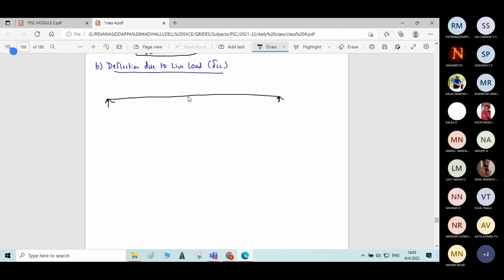Here 10 kilonewton, 10 kilonewton and one more 10 kilonewton. So the interval is 2 meter, 2 meter, 2 meter and 2 meter.